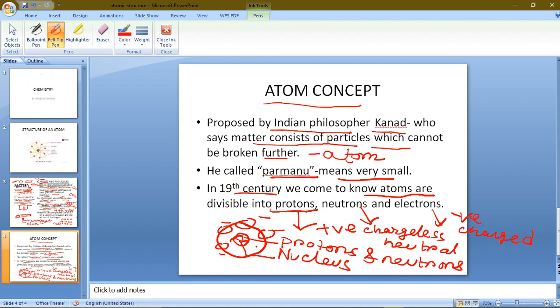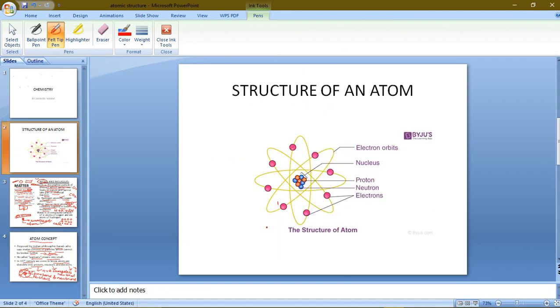Let's show you the diagram in the previous slides. You see here, this is the center, this is the nucleus. Inside the nucleus, protons, which are positively charged, neutrons, which are neutral particles, and you see electrons are revolving in different orbits, in a cloud form.